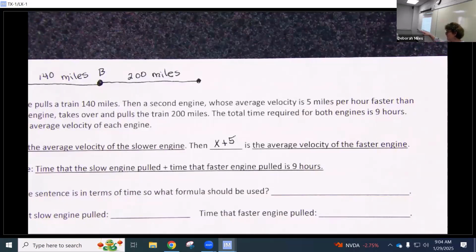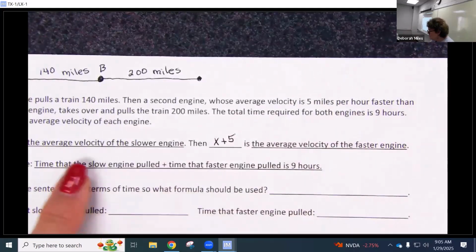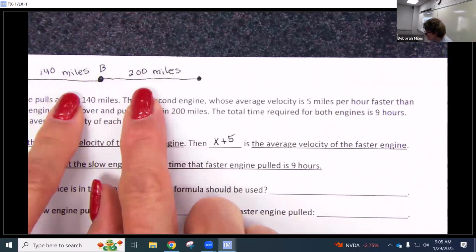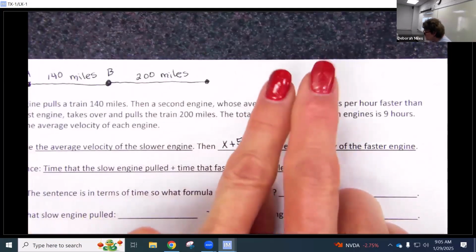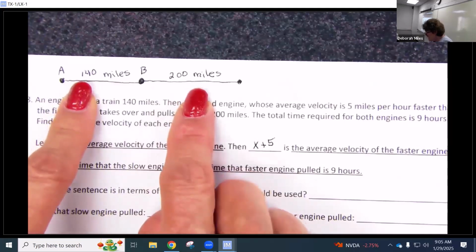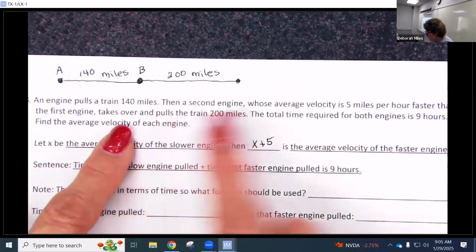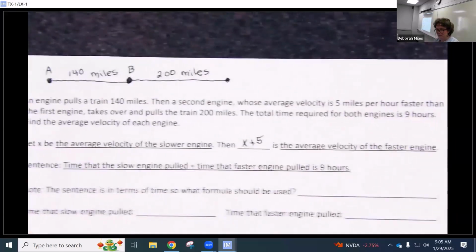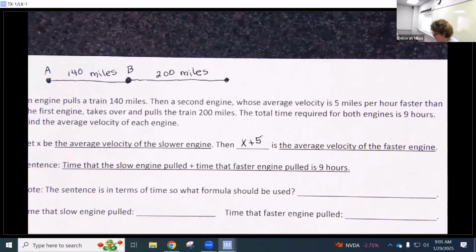No, I'm talking about distance. I'm not talking about velocity. My sentence is, it makes sense to say that the two distances together is the total distance, but we know the total distance is 340. It's time that we're given. So what formula has to be involved in this whole scenario?